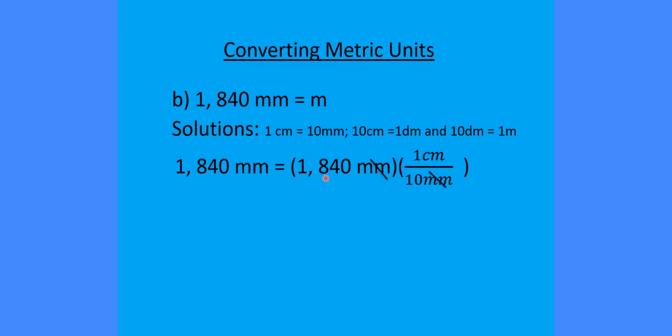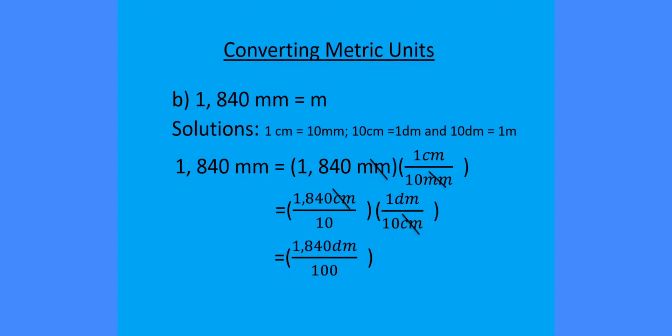Then we multiply 1840 and 1, and the result will be divided by 10. From here, we multiply again by another ratio, which is 1 decimeter over 10 centimeters. Then cancel out the unit centimeters; the unit remaining is decimeter. Then we multiply both numerators and both denominators. The result is 1840 over 100. Then copy the remaining unit, which is decimeter.